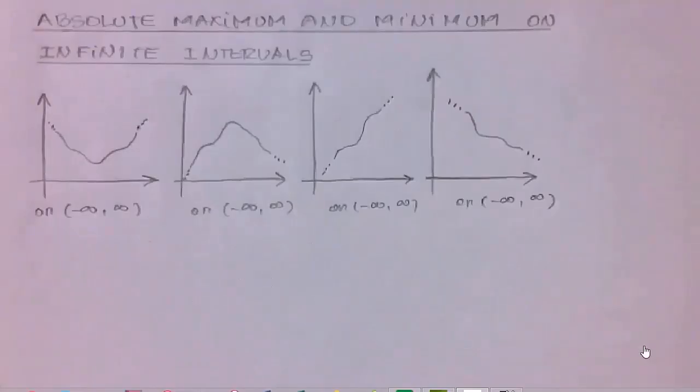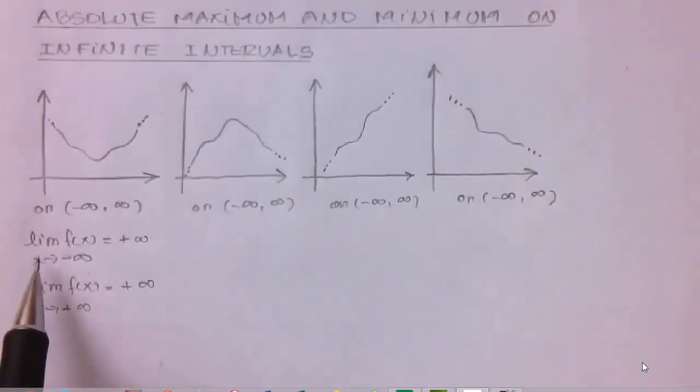The second case that we will be dealing with about absolute maximum and minimum is for functions on infinite intervals. Let's say that these functions are defined from negative infinity to plus infinity. What I mean by this dot dot dots is that this goes on and on in both directions, okay?